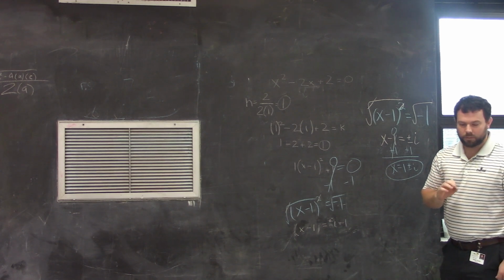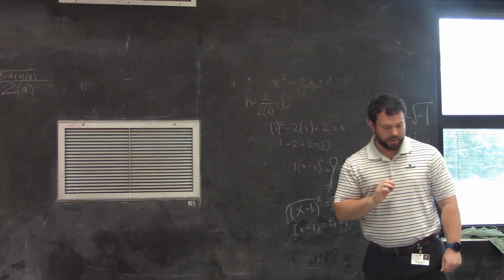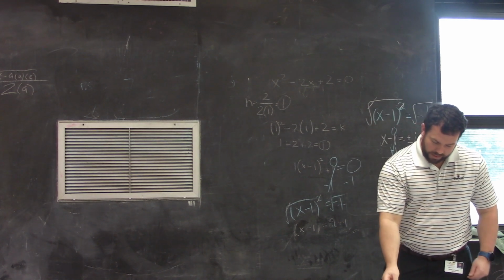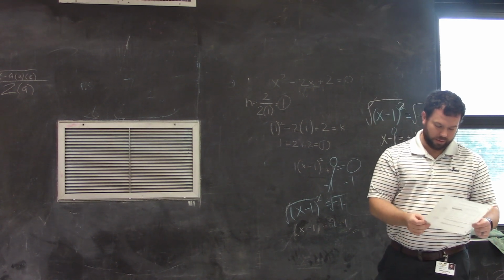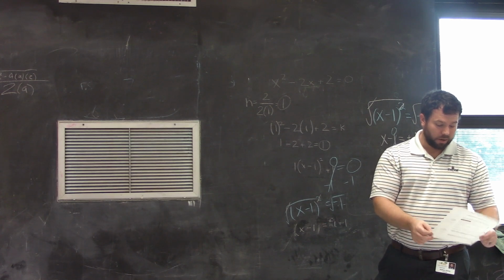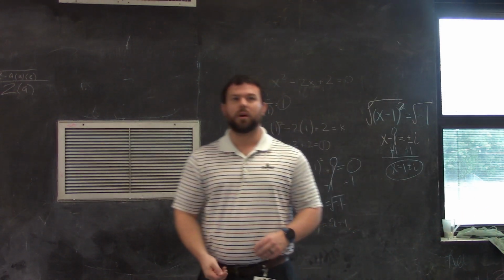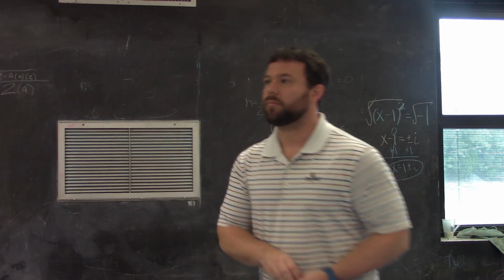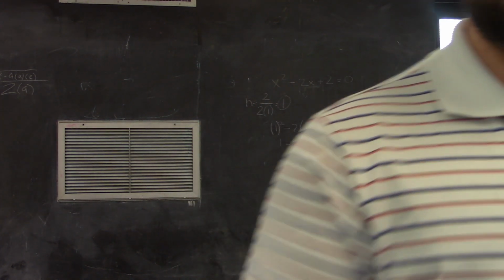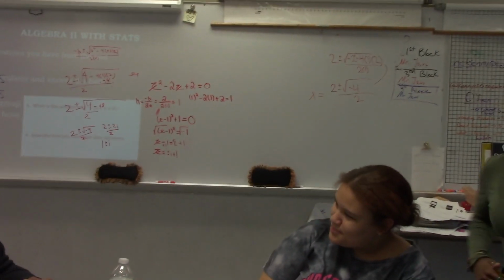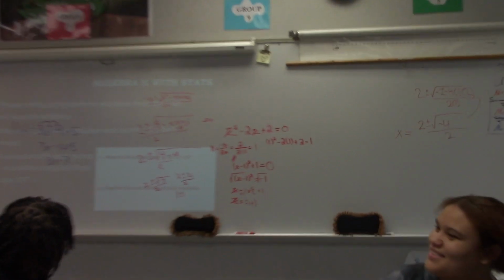Okay, now, the last thing I do want to point out is, if you look at page 107, part B, it asks you to determine the what there. Discriminant. Oof, another vocabulary word. Okay, so let's talk about that discriminant.